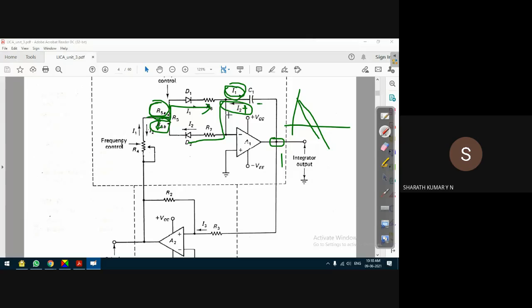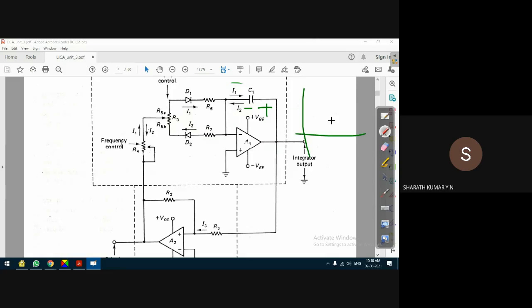The discharging current I2 will be smaller because R5B is larger. While discharging, this is what we have to notice: this end will be negative and this end will be positive. That means the output while discharging will be positive with respect to the output terminal. Thereby the charging cycle is faster and the discharging cycle will be slower, that we can observe.